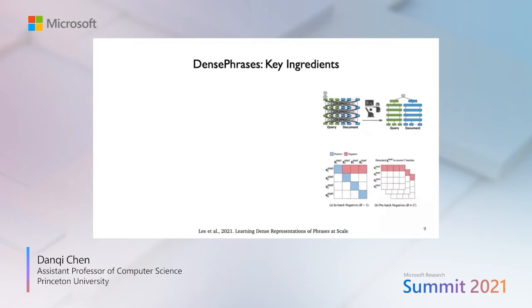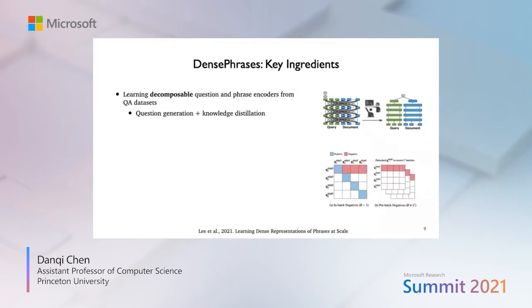But the key ideas include: we propose to learn decomposable question and phrase encoders from the question answering datasets using question generation and knowledge distillation. We also propose to incorporate more negatives into the training process and present this idea called pre-batch negatives, which can effectively use representations from the previous mini batches.